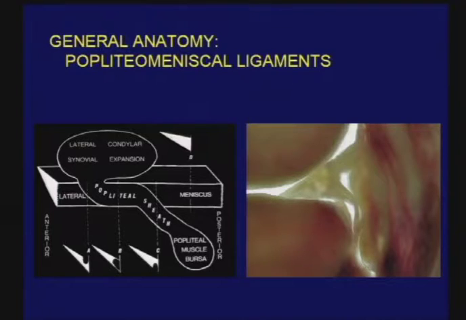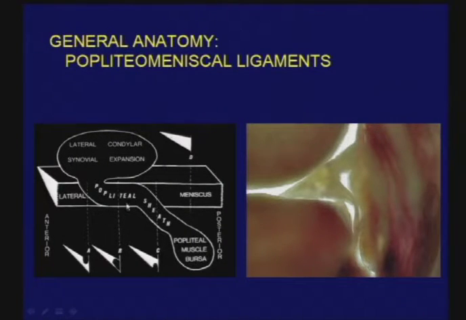Another bit of meniscal anatomy that I think you all know is the way the popliteus tendon sheath is related to the posterior horn of the lateral meniscus. Here is the tendon sheath as we look at a lateral view of the knee. It sweeps from a more anterior position above to a more posterior position below, and it separates the lateral meniscus from the joint capsule.